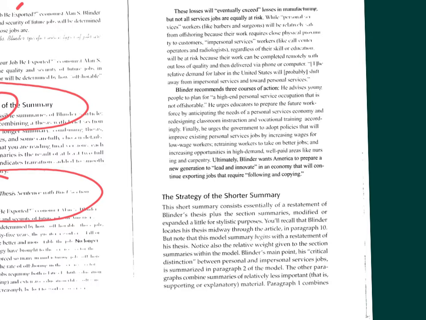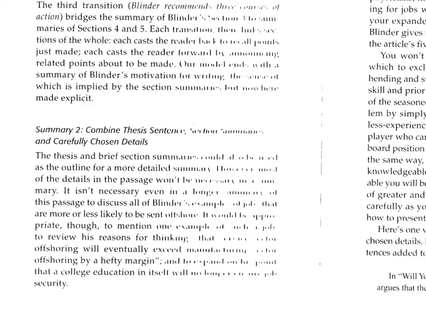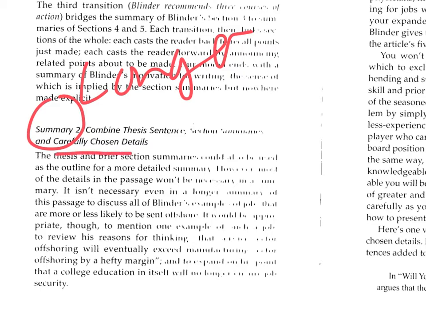The author suggests that there are two kinds of summaries here. One is the shorter summary. That's not particularly what I want. And then there's the longer summary, which does the same thing as the shorter summary does, but there are carefully chosen details. In other words, add more details to it.